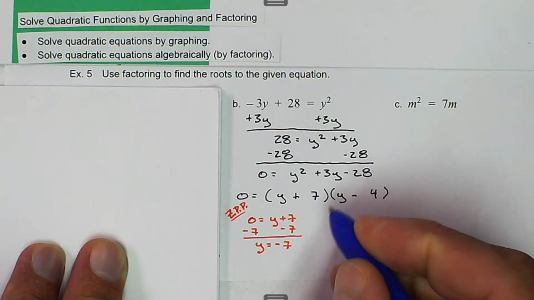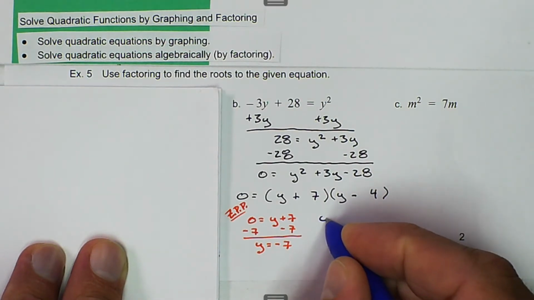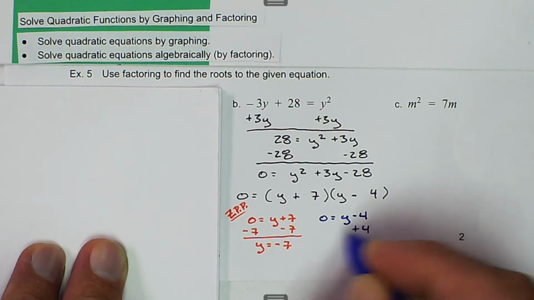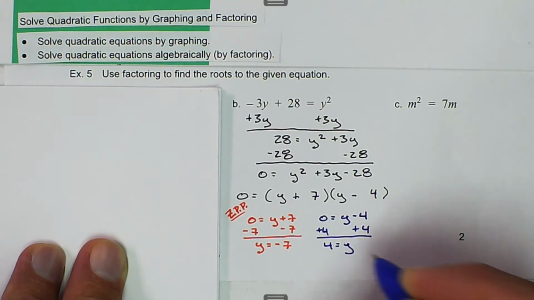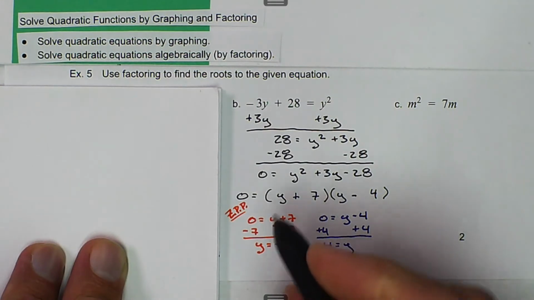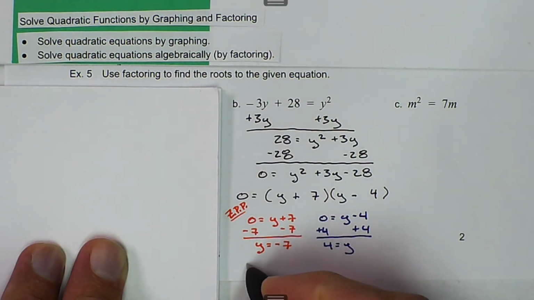And over here we can say 0 is equal to y minus 4. So we add 4 and add 4, and we get 4 is equal to y. And so we have two distinct solutions. So this is a multiplicity of 1.